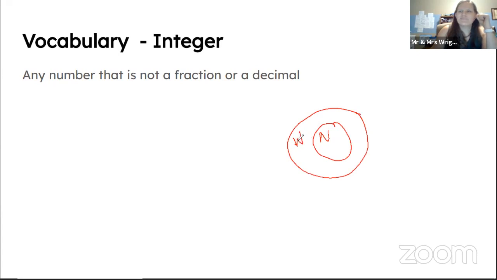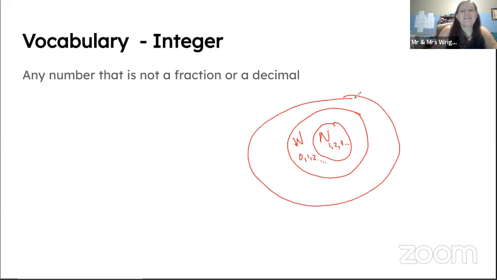Whole numbers are actually 0 and then also the natural numbers. So the only difference between whole numbers and natural numbers is the number 0, okay? So 1, 2, 3, etc. 0, 1, 2, etc. Okay?